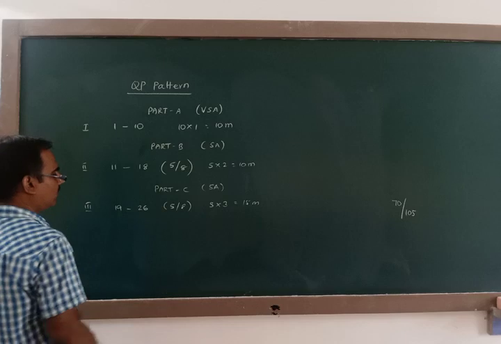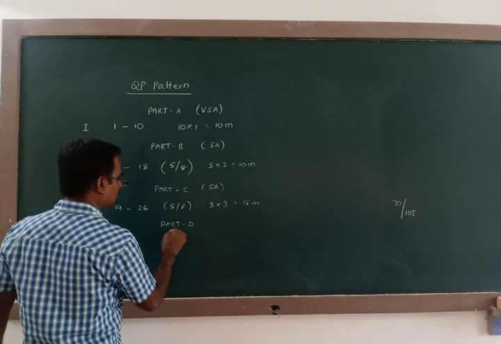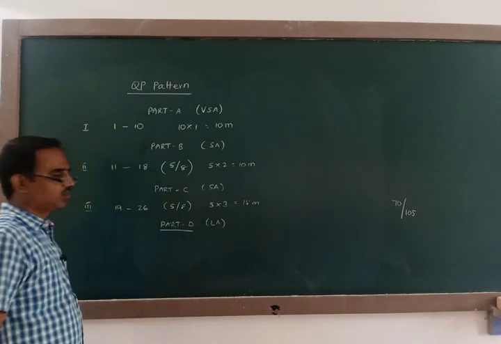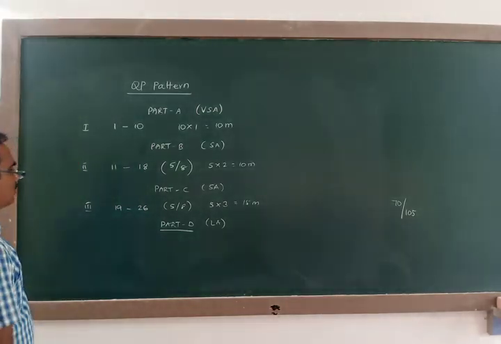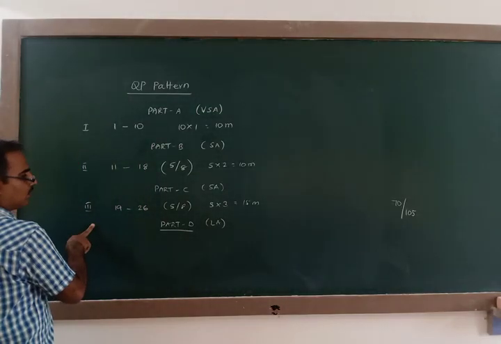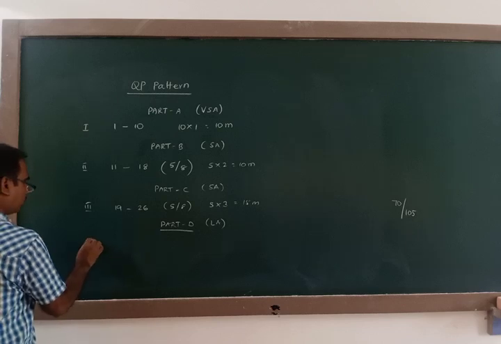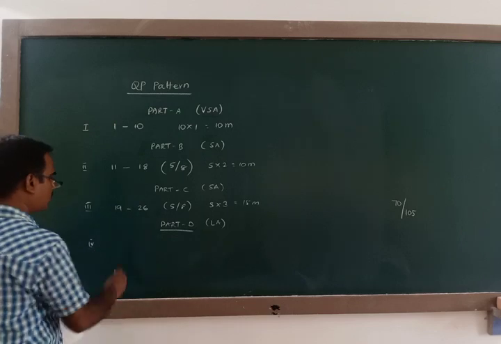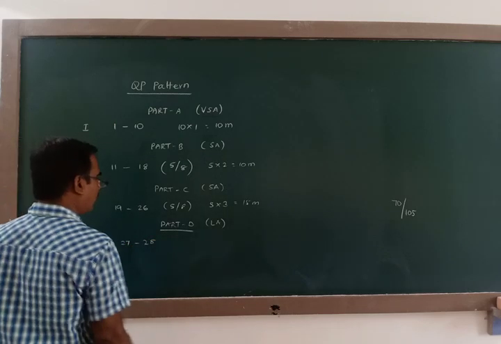Next, part D. This is long answer type. Each question carries 5 marks. In this part D, you have 3 subparts. The fourth one, here 3 questions will be there, 27, 28 and 29.